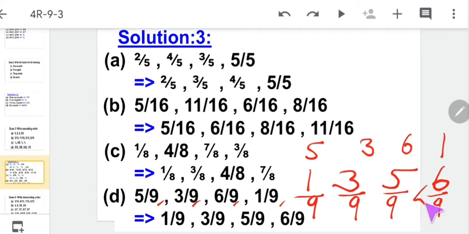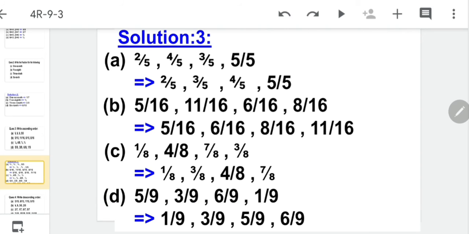So this is the ascending order for these fractions. That means if we have same denominator, so we have to focus only on the numerator and we have to place them according to the ascending order of numerator, as you can see on all these parts.